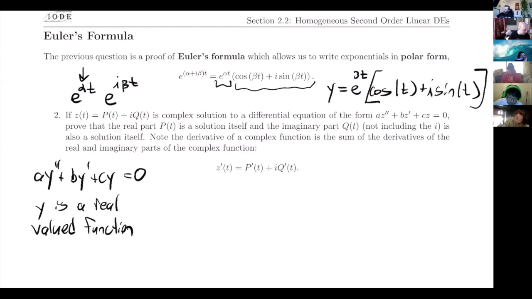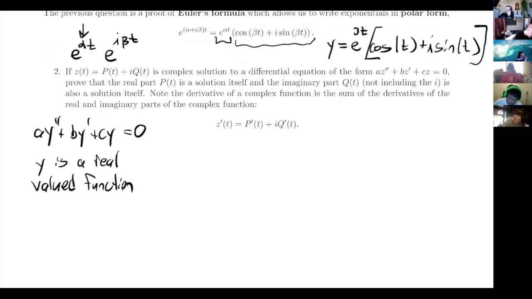So here's a little theorem in question 2 that we can prove to show how we can use complex solutions to generate real solutions. So let's say we've got a differential equation of the form. So let's kind of keep this on the side.